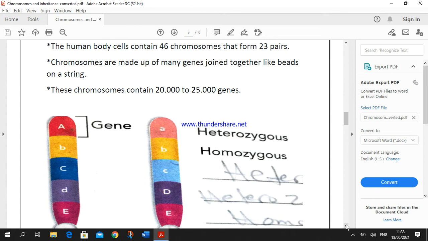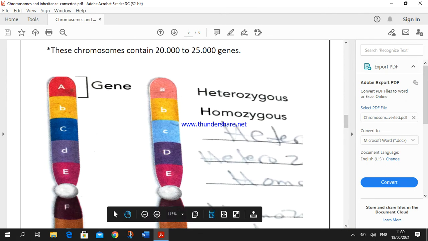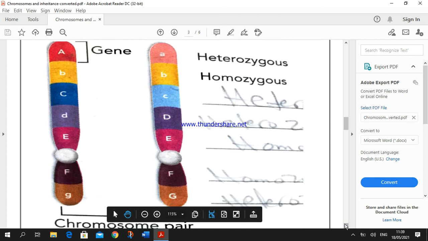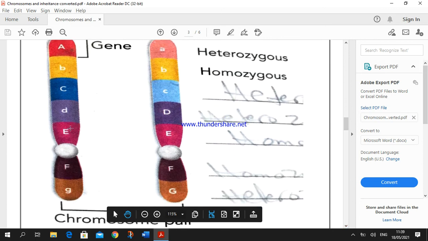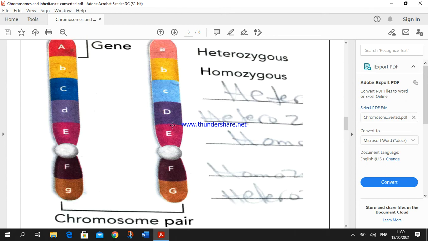This figure represents one pair of chromosomes, one coming from the male parent, while the other comes from the female parent. Each chromosome has the same sequence of genes. The genes are lined up in the same order on both chromosomes, to help in the appearance of the trait.